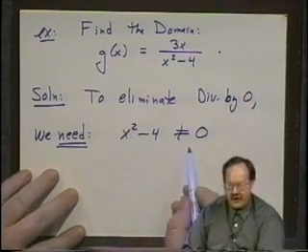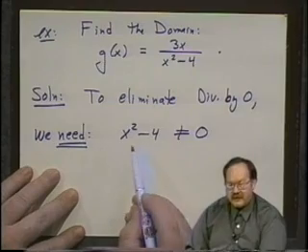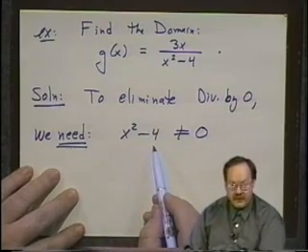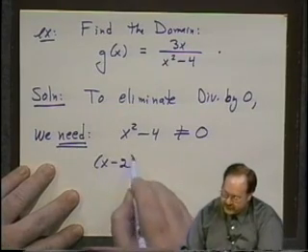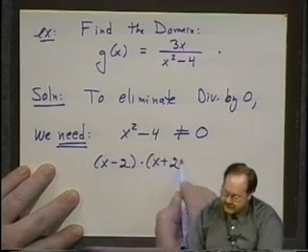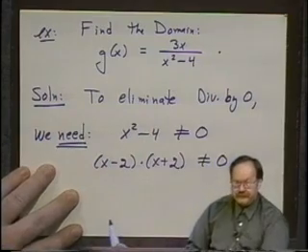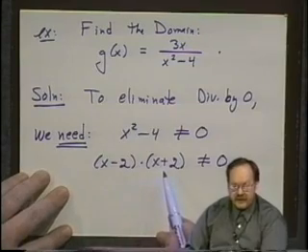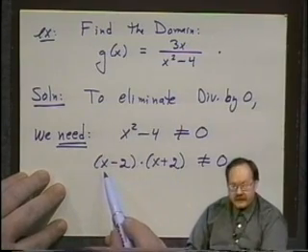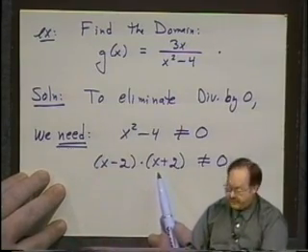It's not too hard to solve. One thing that will help is if you notice that the left-hand side is the difference of two squares. And if you remember how to factor that, this is x minus 2 times x plus 2 not equal to 0. Well, the only way this product can be 0 is if either one of these is 0. And that would be x equal 2 here or x equal minus 2 here.